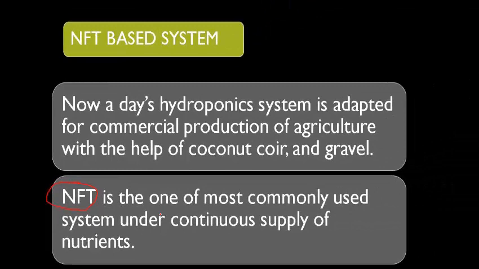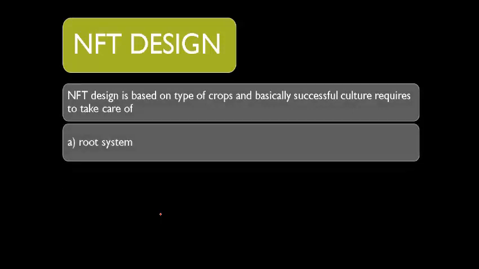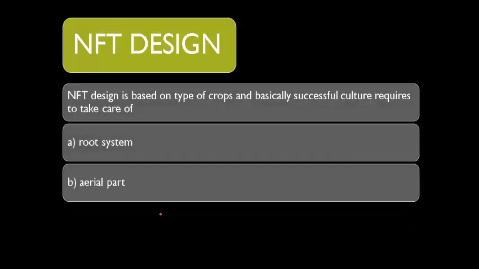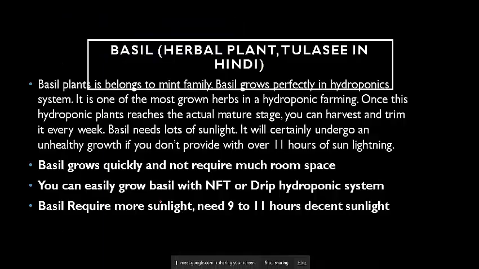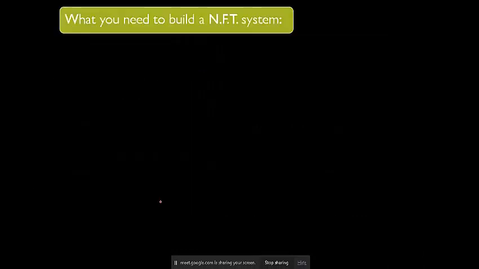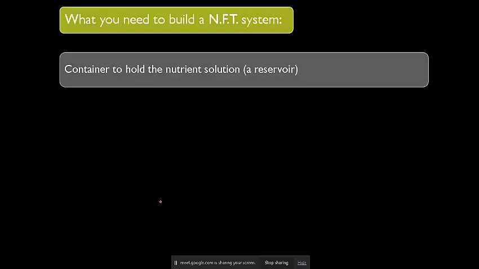The medium will be the same in both. We are using coconut coir or coco peat, gravel, right? So an NFT design is separately required for different crops, right? What kind of root system is there, what kind of irrigation system is required, drainage system, all this must be there. So what do you need to build an NFT system?